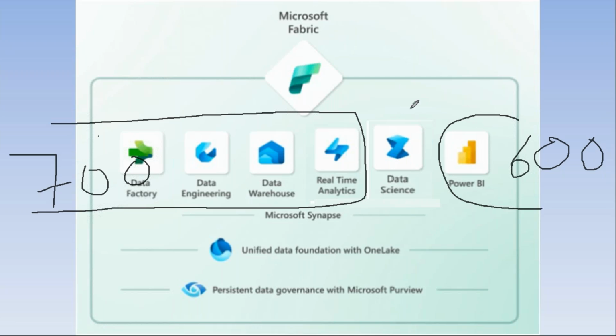But data science is also a part of Fabric: separate machine learning and AI with process automations, deep learning, etc. We are into 700 in a 7 weeks journey. For 600 on the right side, we have a separate 4 weeks journey anyway. Just to make it clear, okay?